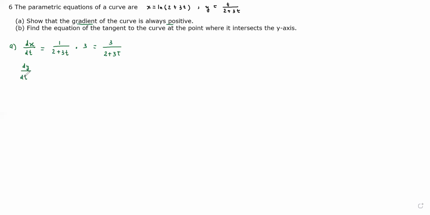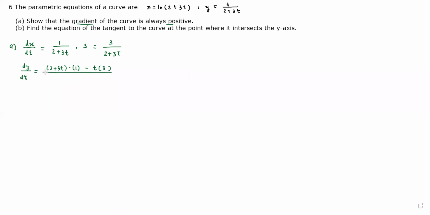Then we find dy/dt. To find dy/dt, we can use the quotient rule. So we have (2 + 3t), and when we differentiate t, we have a 1, minus t, times the derivative of (2 + 3t) with respect to t, which is 3.